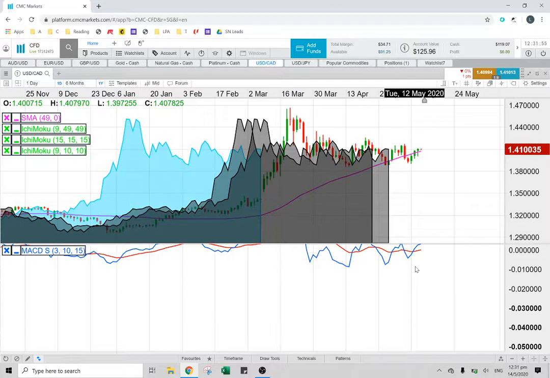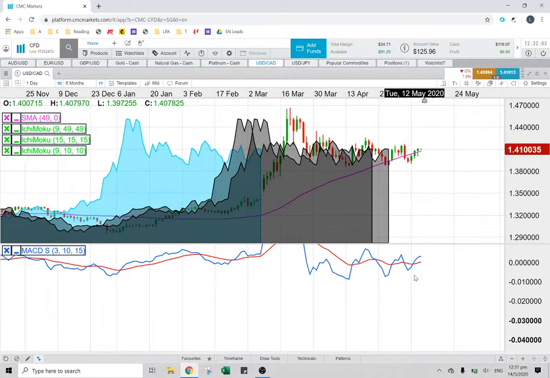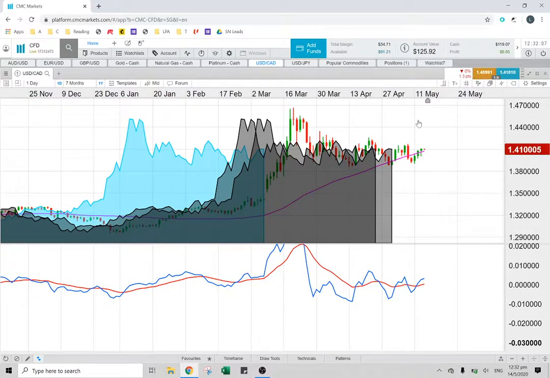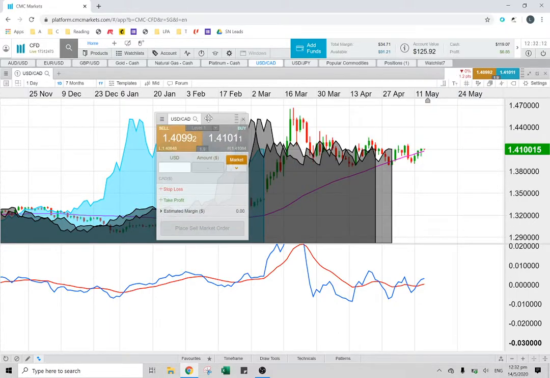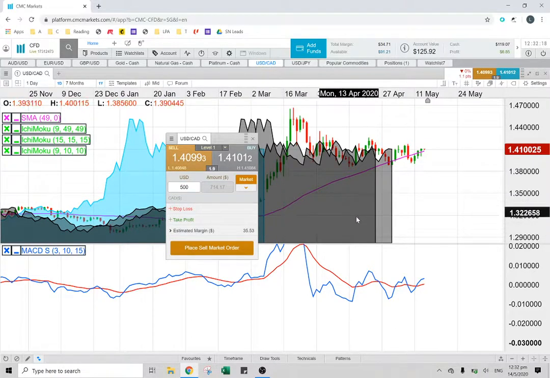So price is looking pretty good in terms of upwards movement, so we could actually long the market. Yeah, let's just buy the market. So margin requires 35. Yep, good.